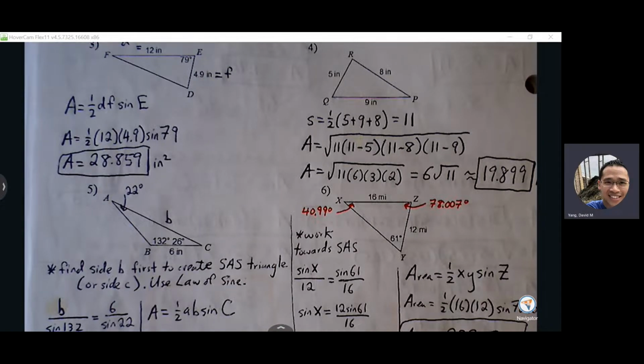When you get to 5 and 6, it doesn't quite give you side angle side, so you use law of sines to get to a side angle side, and then you can go through your formula. Okay, but I'll have you guys do 1 through 4, and I will work through 5 and 6 with you because it does require more steps.